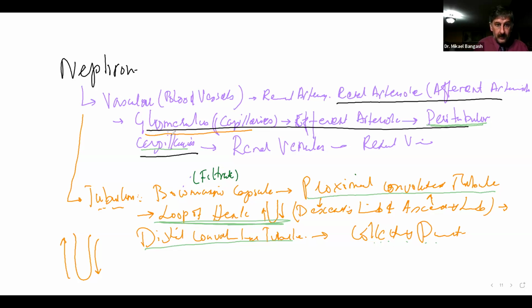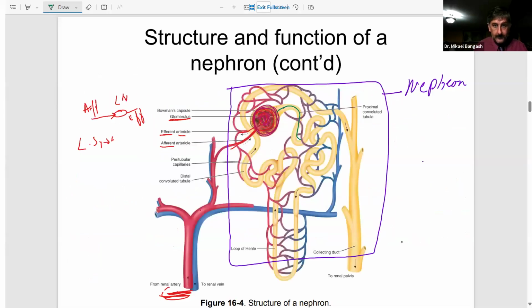So let's just look here, guys. Bowman's capsule, glomerulus. We had the afferent arteriole mainly because that brings blood to the glomerulus.